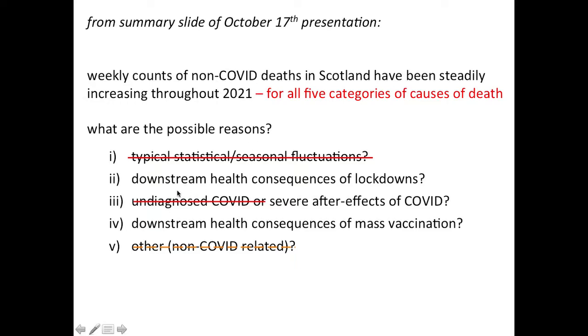The one that I think is most likely, and was actually the thing that prompted me to even look at this data in the first place, is: are we seeing serious downstream health consequences of lockdown? Now that's a large combination of possible factors. Some of it's due to the effects of lockdown on people's lives.